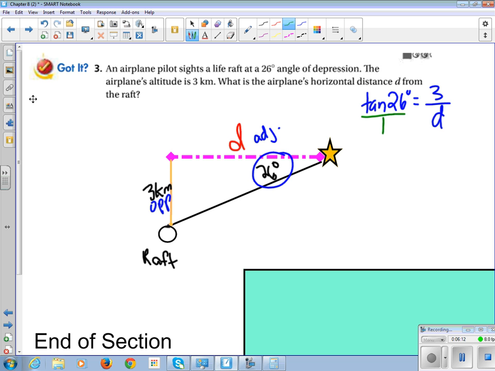So when I have a variable in the denominator, I put my tan, sine or cosine over 1, and then I cross multiply. So I get d times the tangent of 26 degrees is equal to 3 times 1. To solve for d, I have to divide by tangent of 26.